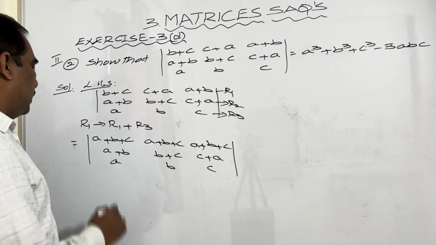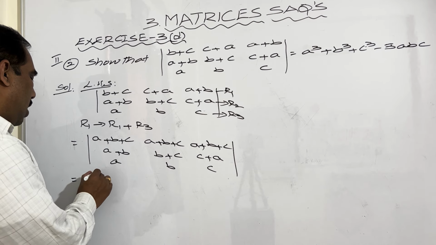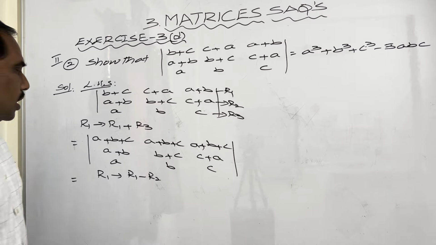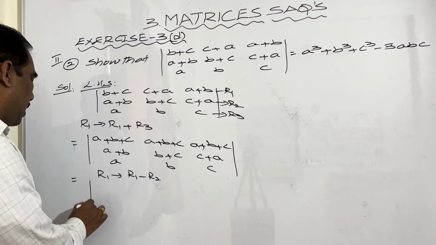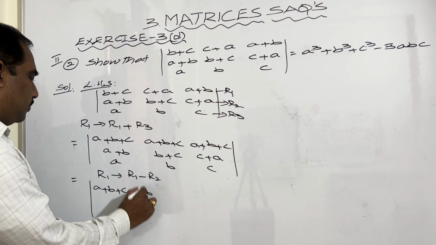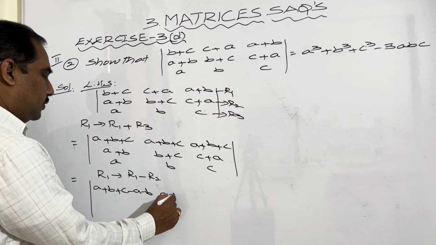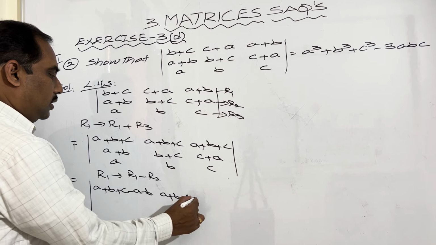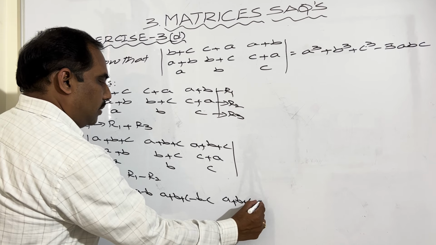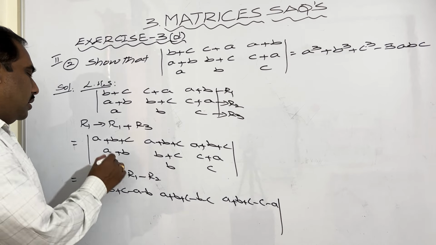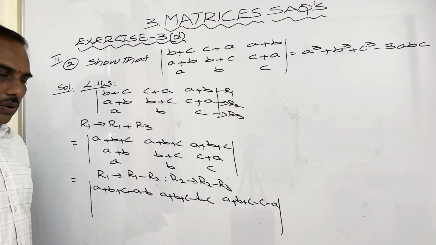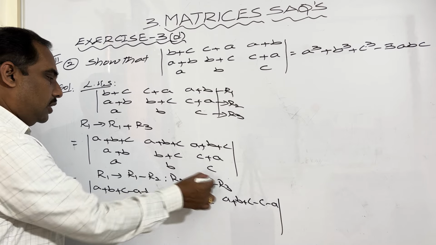Next I am doing R1 minus R2 again. Already A plus B plus C, and minus R2 means minus A minus B; again A plus B plus C minus R2, that is minus B minus C; and A plus B plus C minus R2, that is minus C minus A. Then in the same determinant I do R2 to R2 minus R3, writing in the place of R2 and subtracting R3 from R2.